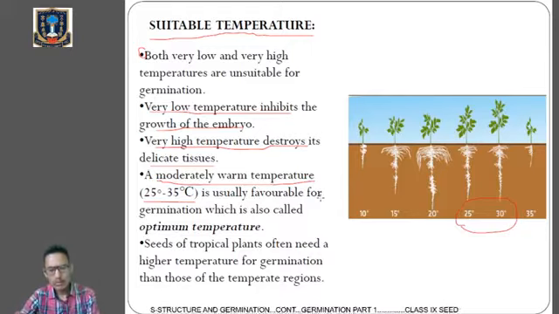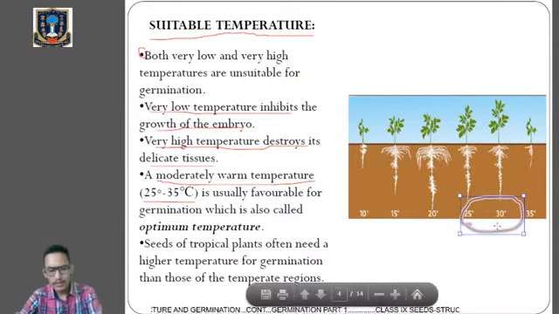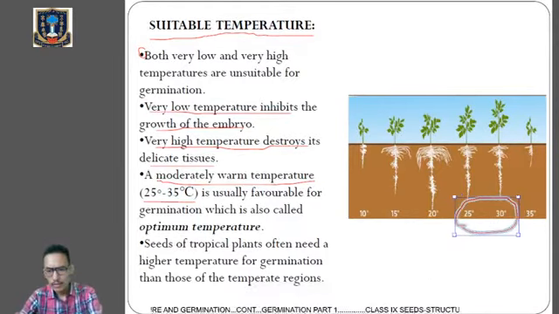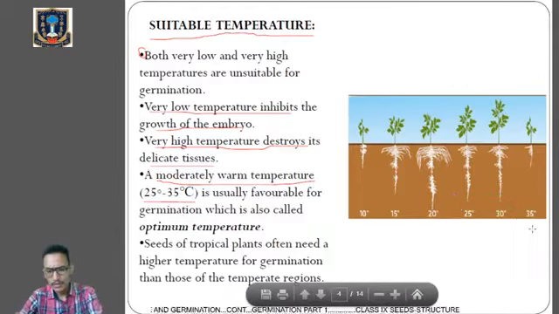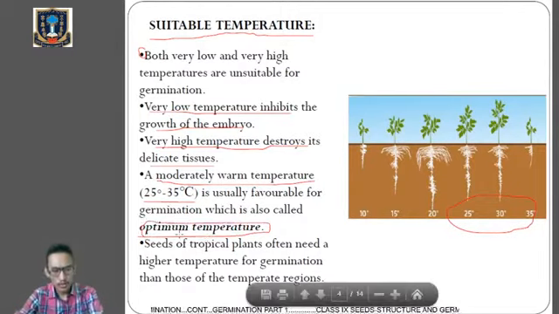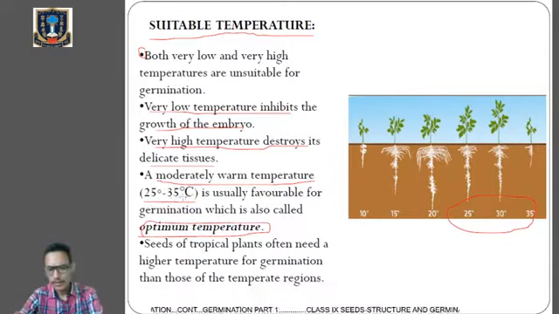So this particular range of temperature, between 25 to 35 degrees Celsius, is known as the optimum temperature. Clear? So optimum temperature means 25 to 35 degrees Celsius, which is favorable for germination.